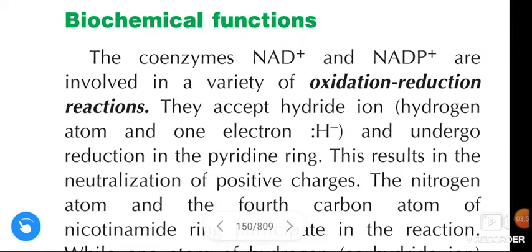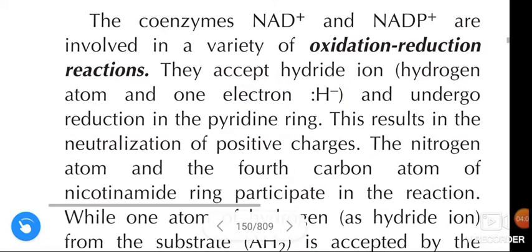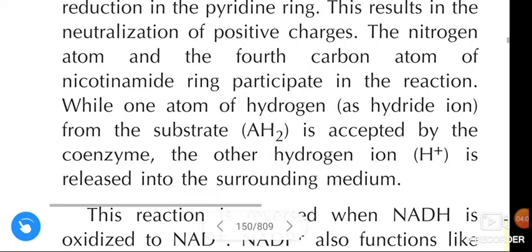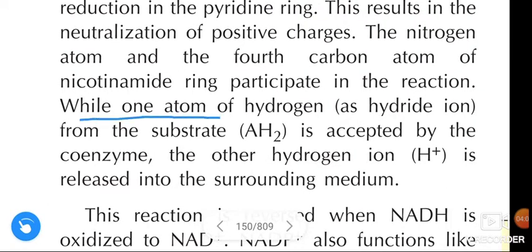The coenzymes NAD plus and NADP plus accept the hydride ion and undergo reduction in the pyridine ring. While one atom of hydrogen as hydride ion from the substrate is accepted by the coenzyme, the other hydrogen ion is released into the surrounding medium.